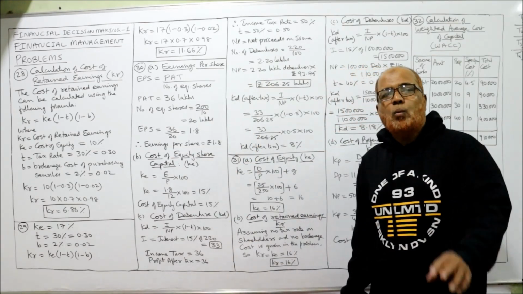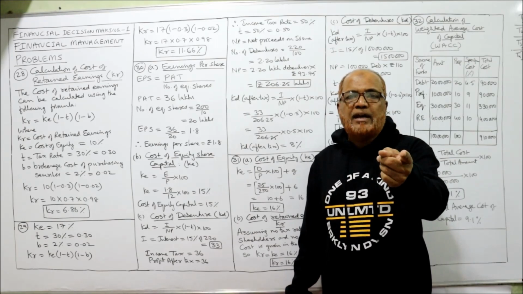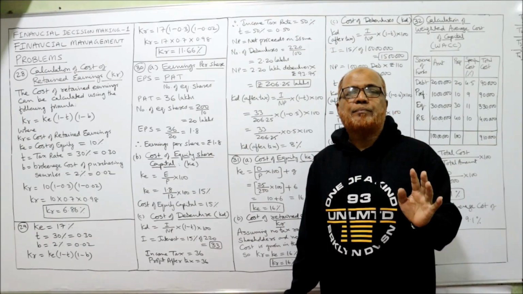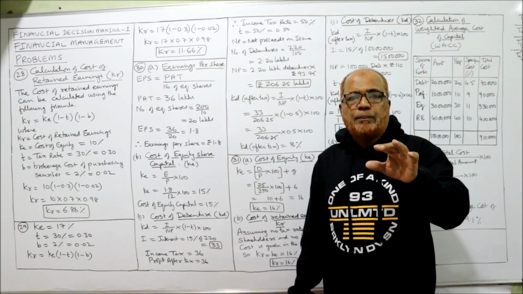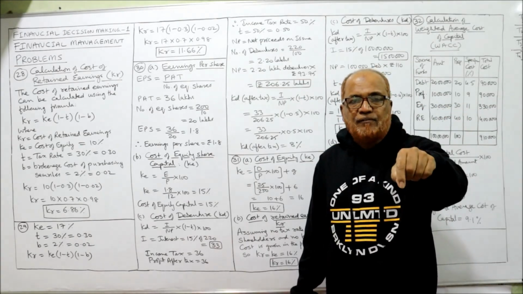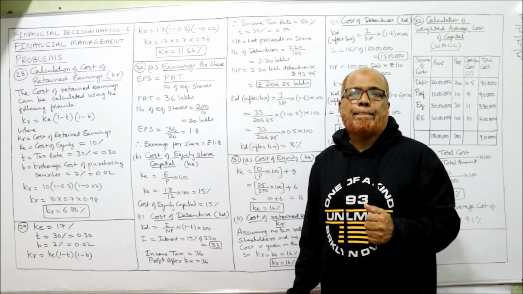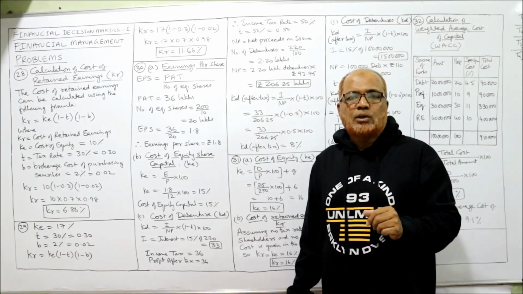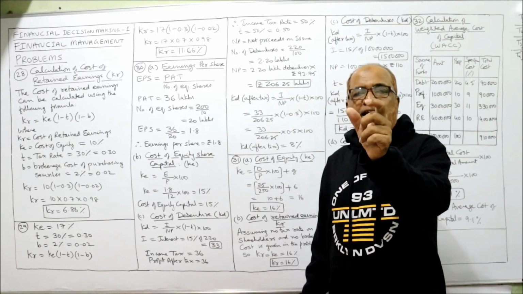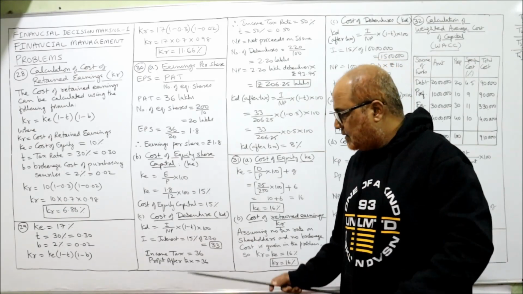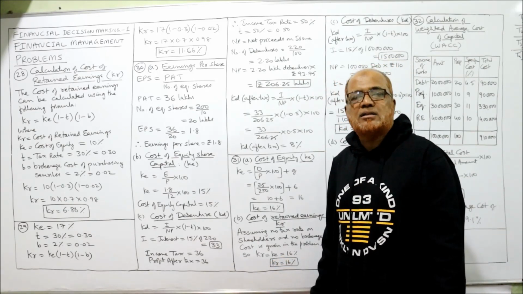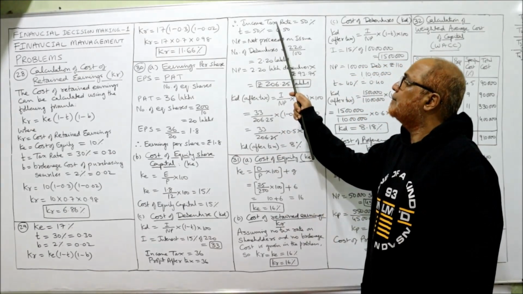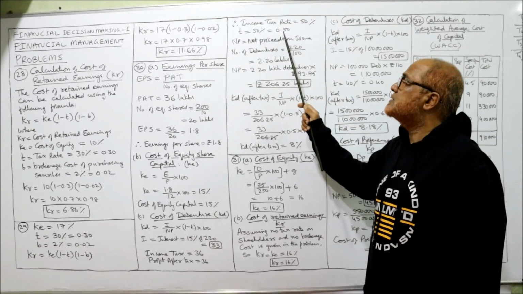In other words, when income tax and PAT both are the same, that means the tax rate is 50%. 50% tax paid and remaining 50% is PAT. 50-50. So by comparing this income tax and PAT, we can conclude that the tax rate is 50%. T is equal to 50%, 0.5.